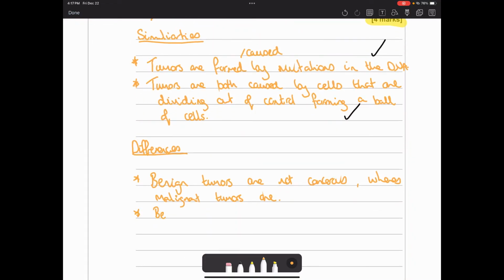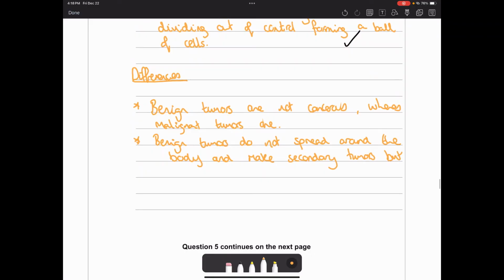What this actually means is benign tumours do not spread around the body and make secondary tumours, but malignant tumours do. And that is what makes them cancerous. Okay, so that is two differences.